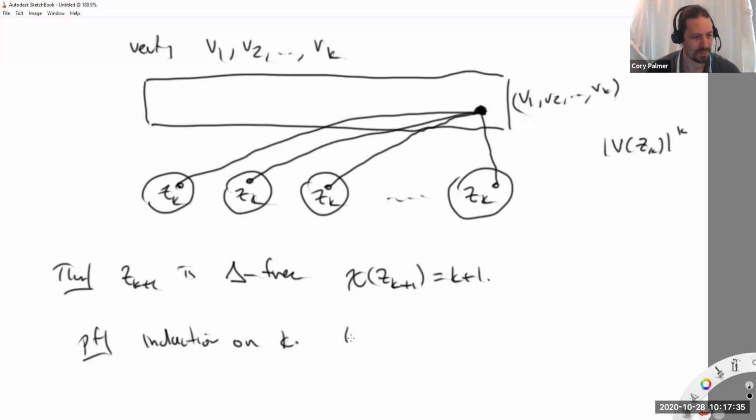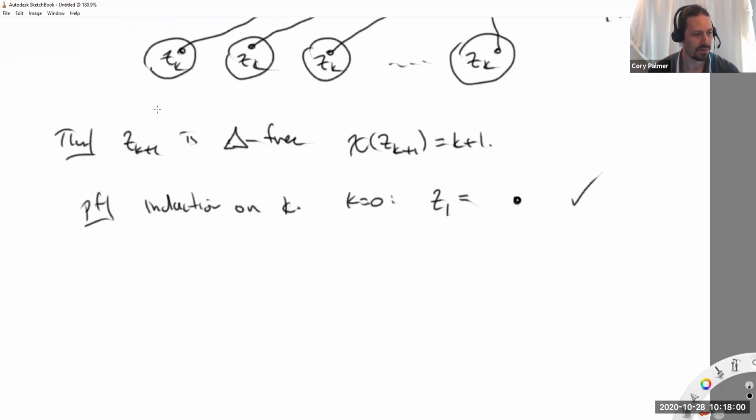When k equals 0, we're examining Z_1, which is just a single vertex, which is definitely triangle free, and its chromatic number is 1, which is k+1 in this case. 0 plus 1 is 1. Okay, so the base case holds. Kind of boring. Now we're going to assume that Z_k is triangle free and has chromatic number k. That's the inductive hypothesis. And the first thing we're going to do is show that Z_{k+1} is triangle free.